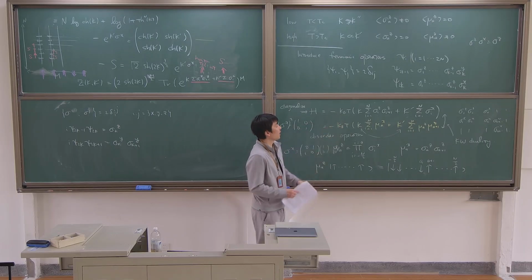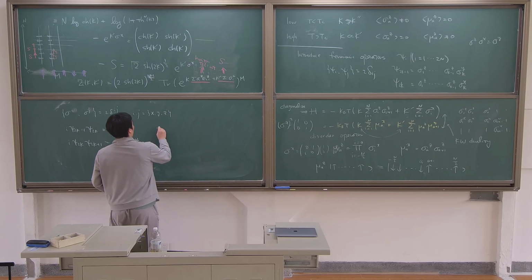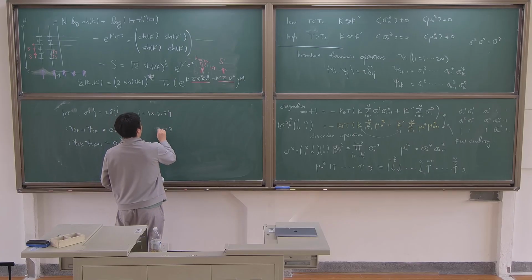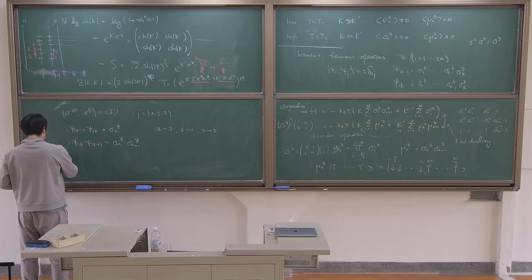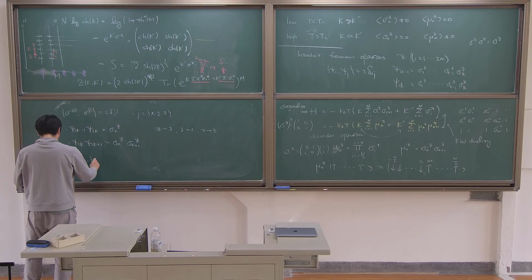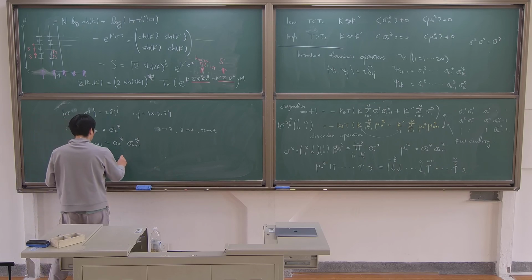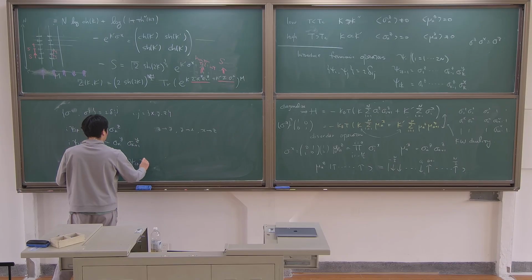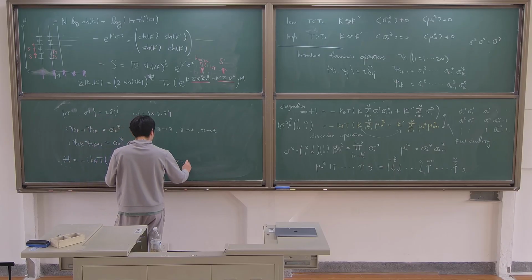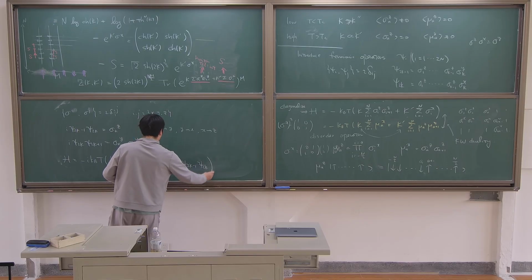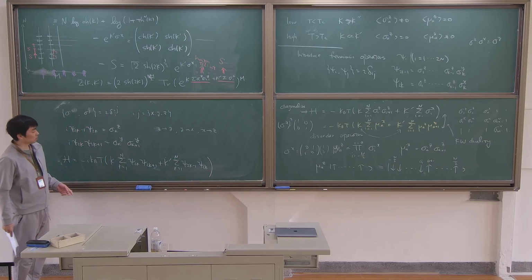If you switch z to y, y to x, and x to z, so you just do the permutation, then this Hamiltonian can be written like this way.